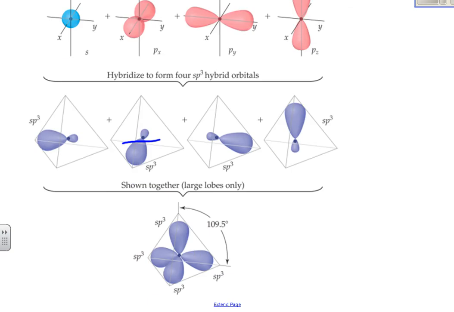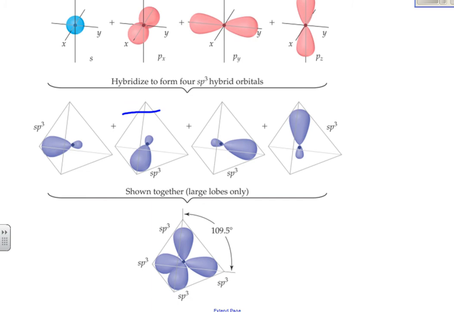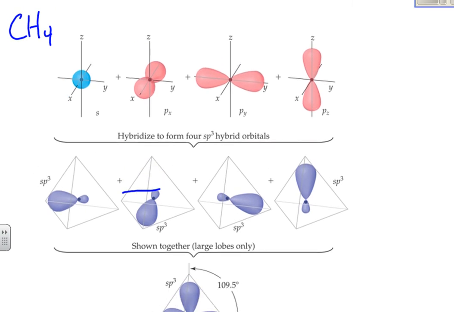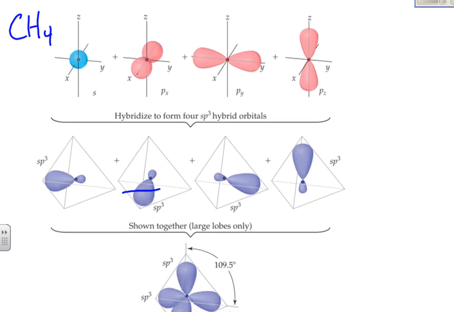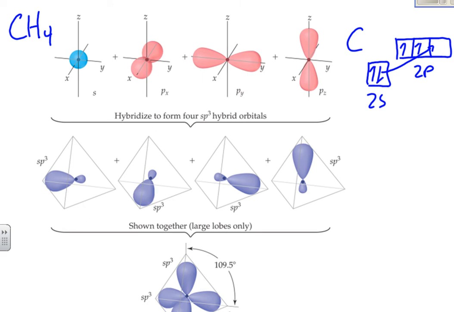So if you remember, for carbon it is going to be 2s2, 2p2. So we would promote one electron up to the p's there. We hybridize, as in the picture here.